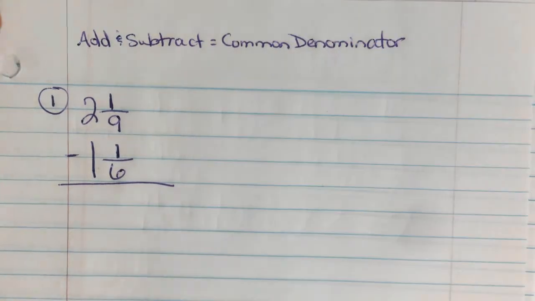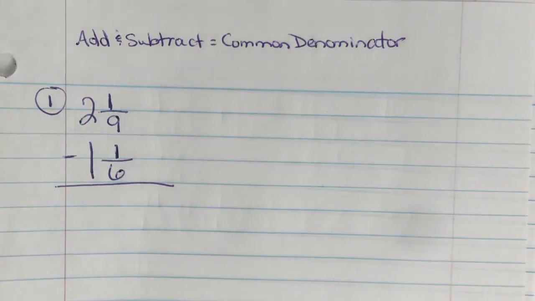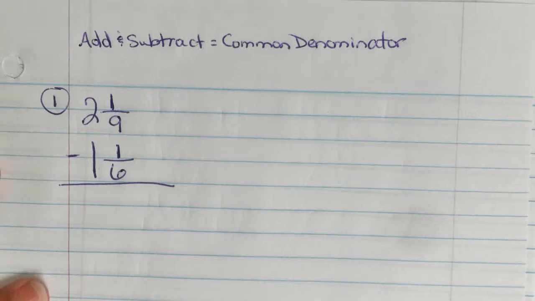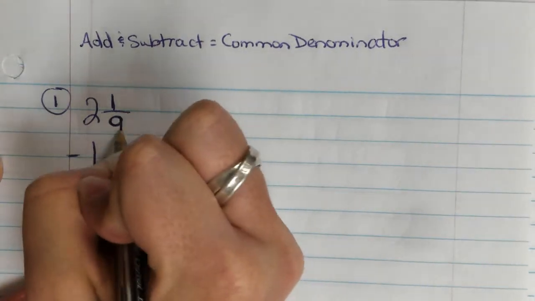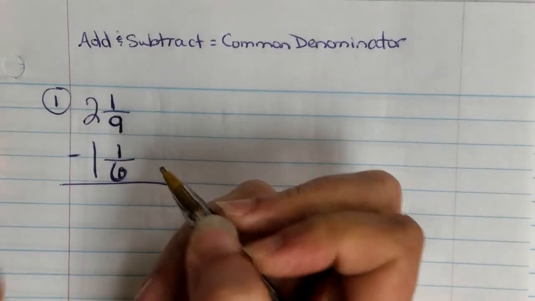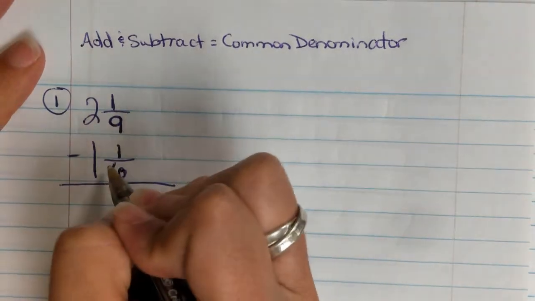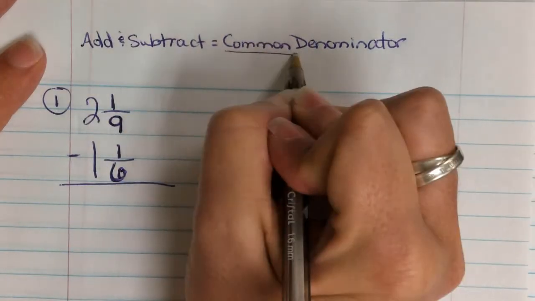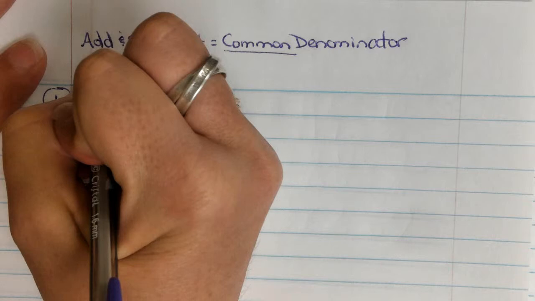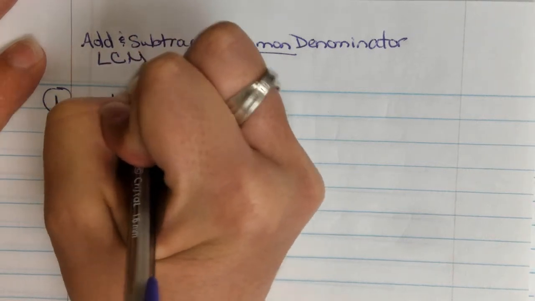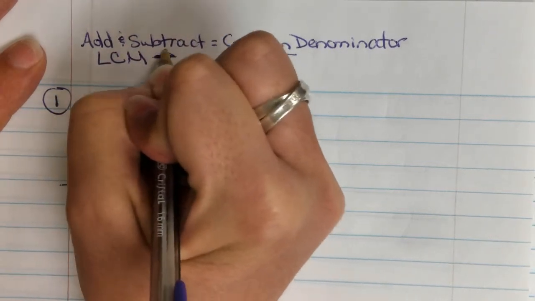If you're not remembering this, I'm just refreshing you. Your denominator is the bottom number of the fraction. You are taking those and trying to find one that they have in common. It is officially called the least common multiple, or the LCM.